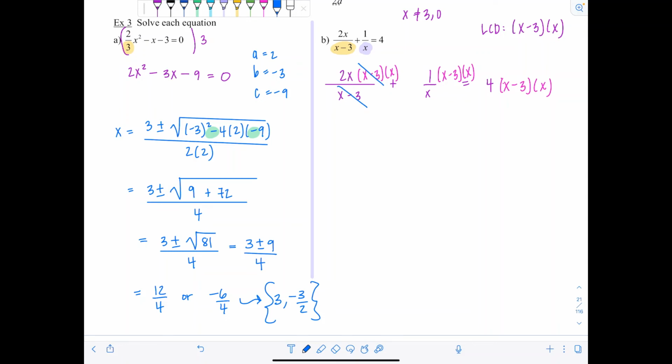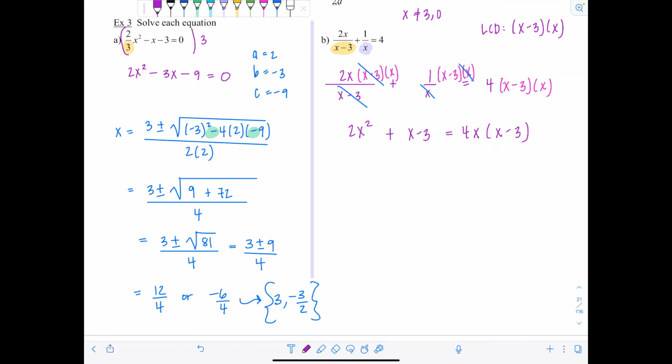I just have 2x times x, so that's 2x squared, plus, let's look at the next term, x's cancel, so I just have 1 times x minus 3, equals, I'm going to write this as 4x times x minus 3. You guys cool with that?